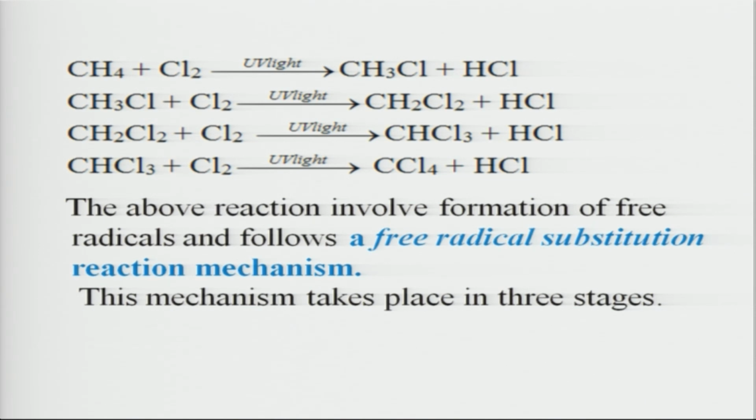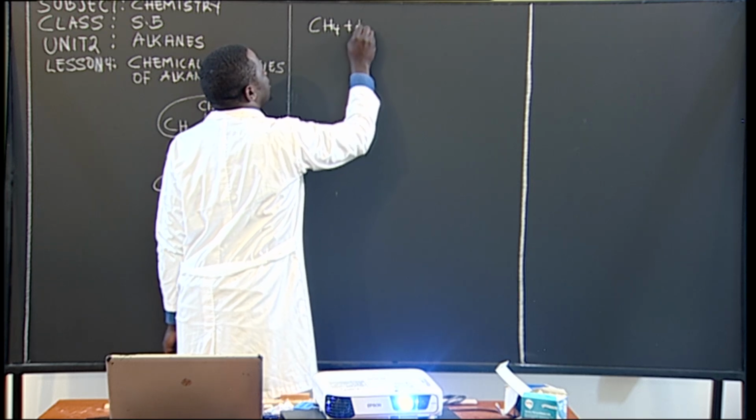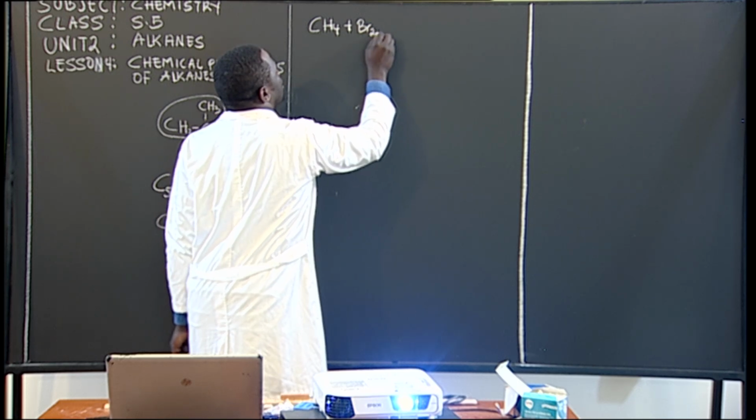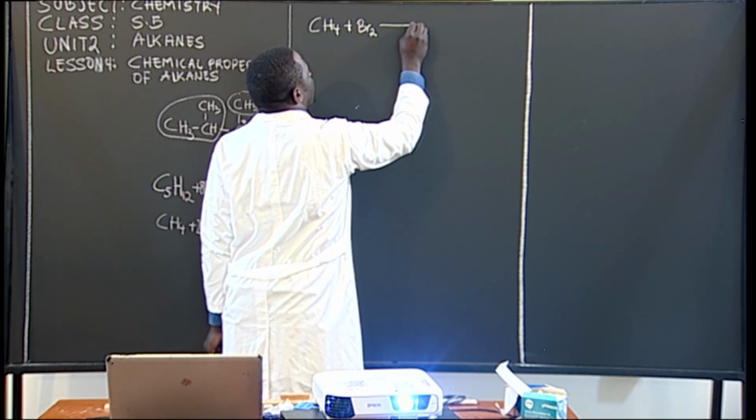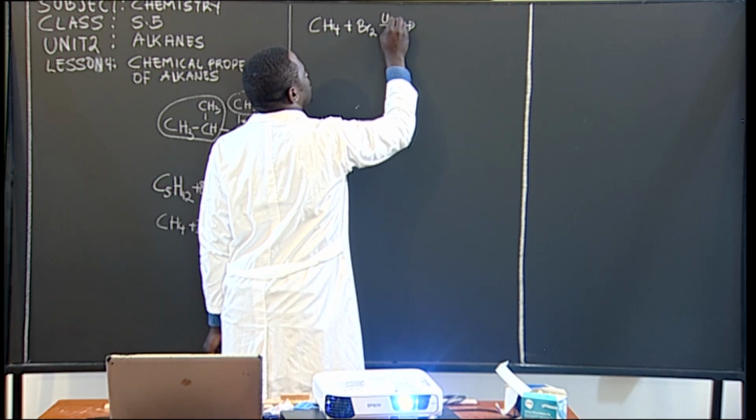As I told you in our introduction, let me try to illustrate again more about this substitution. Let's take an example of our methane reacting with bromine in the presence of UV light.